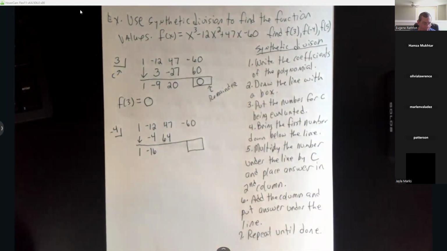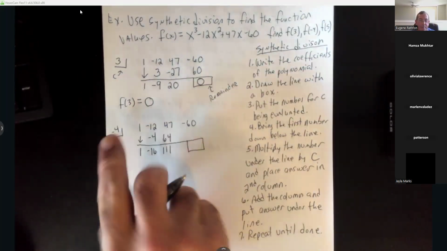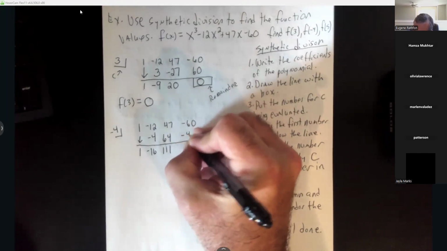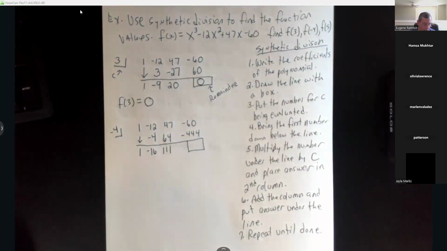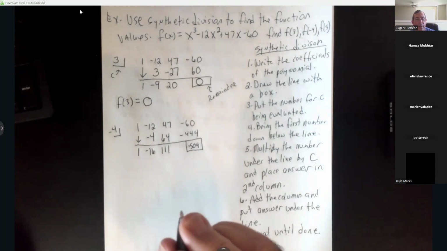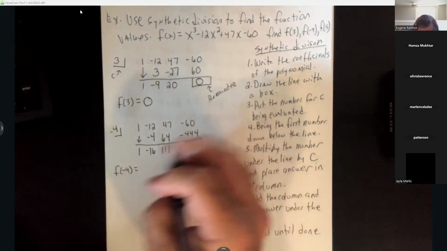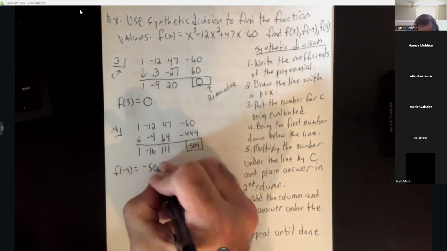So I'm going to add that 47 plus 64 gives me 111. 111 times negative 4 is a negative 444. And y'all, that negative 444 plus a negative 60 gives us a negative 504. So that means f of negative 4 equals a negative 504.